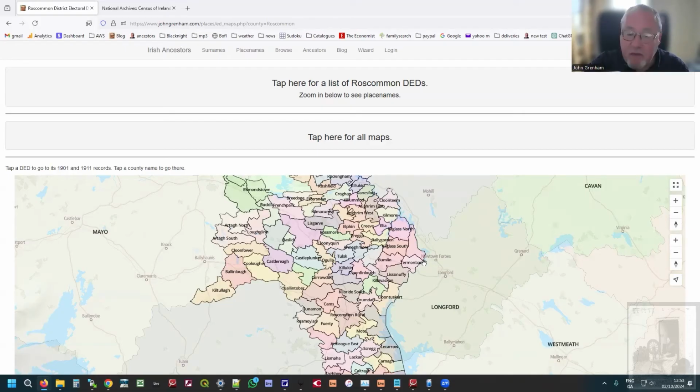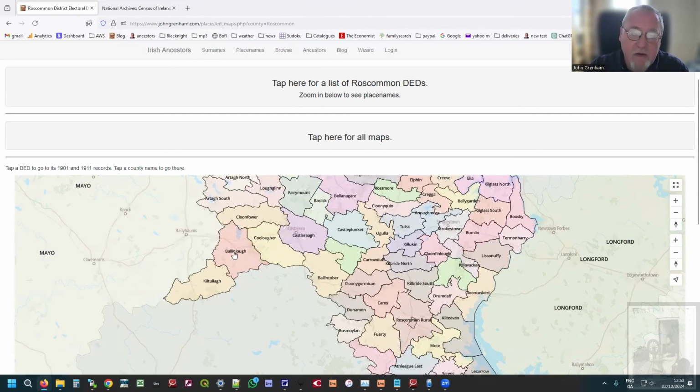And within the poor law, they needed constituencies, again, small sub-constituencies that produced more or less equivalent amounts of tax. So, for example, Ballinlough and Kiltulla ideally should be producing the same amount of property tax.